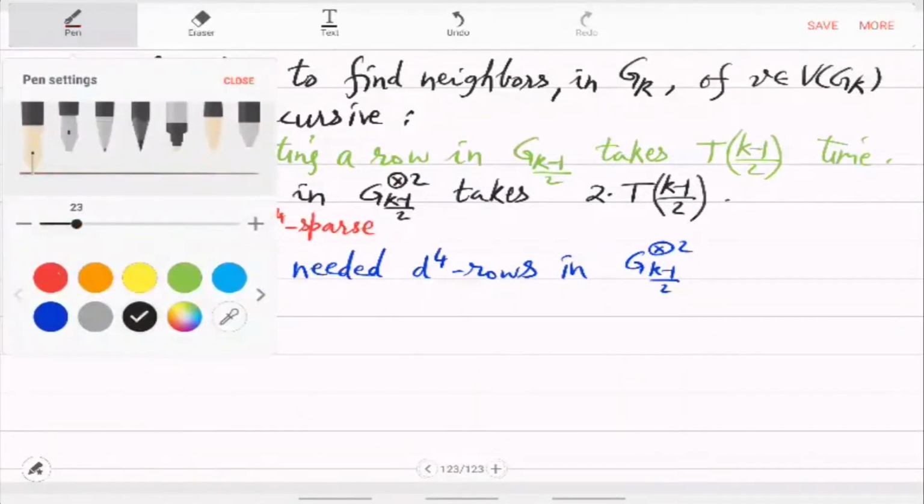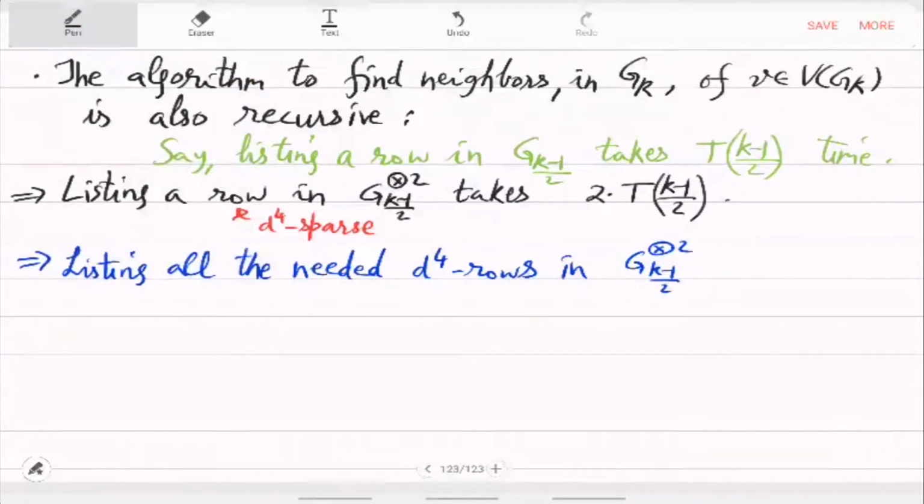Only d raised to 4 entries are non-zero. When you are taking the zigzag product with H, remember you have to zig inside the first cloud, zag, and then zig inside the second cloud.